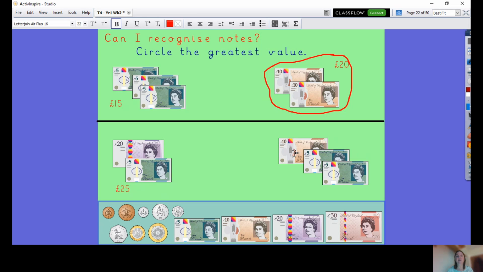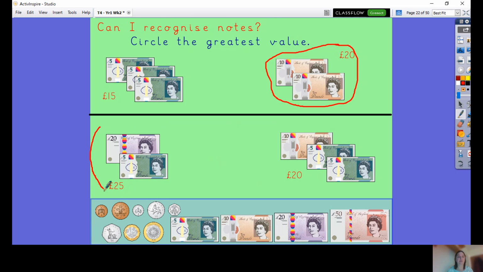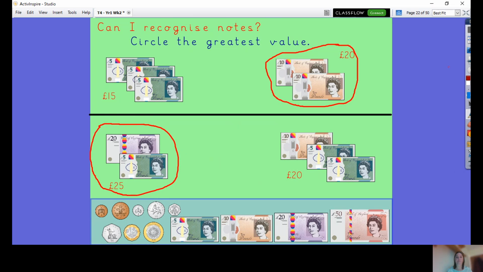Double 5 is 10, so 10, and then double 10 is 20. And remember, each time we're using knowledge that we've learnt before. So this is 25, this is 20. Which is the greatest value? Which number is bigger, 25 or 20? Well, we know that 25 is bigger, so I know that this is a greater value.